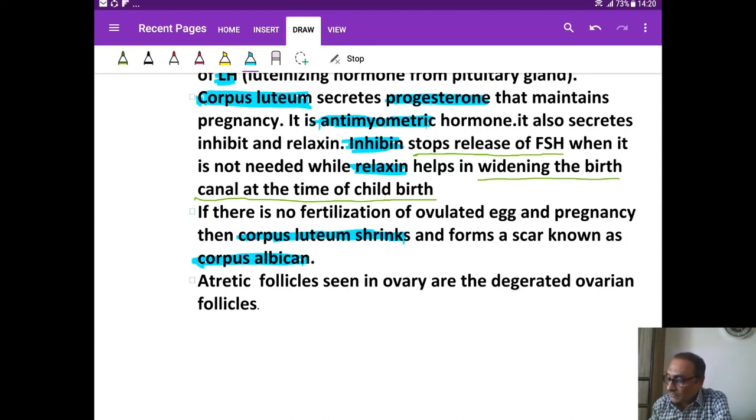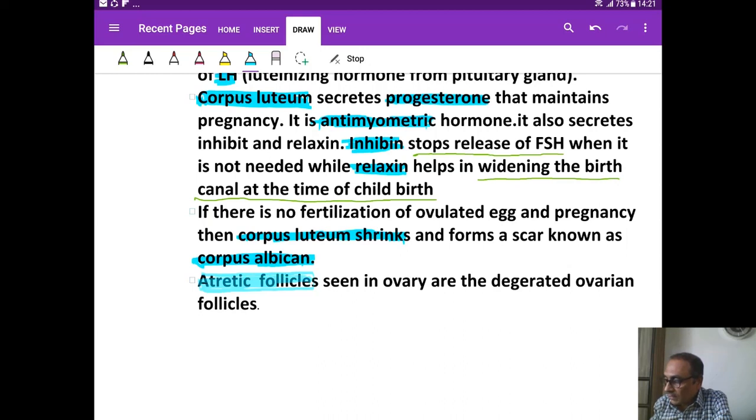Now, other type of the follicles you find, of course, this you should remember that the shrunken corpus luteum, okay, that forms what? Corpus albicans, and that is the degenerated corpus luteum. Similarly, degenerated ovarian follicles, they are called as atretic follicle.